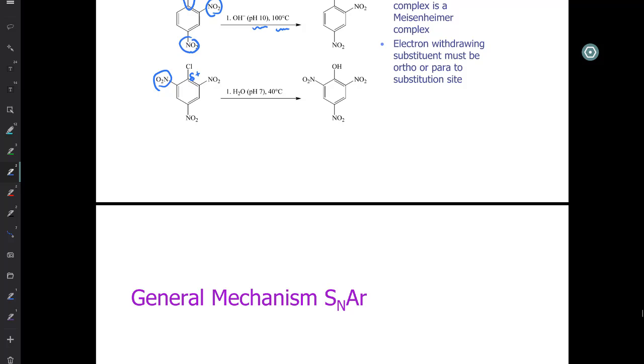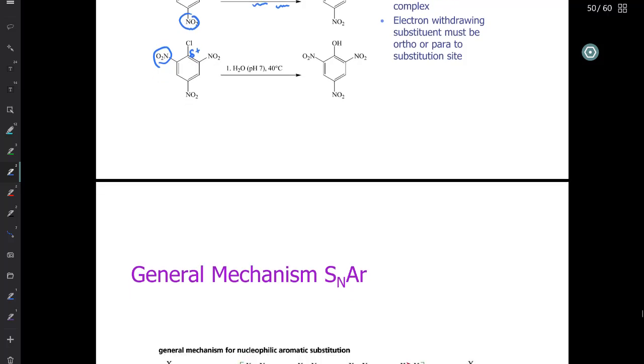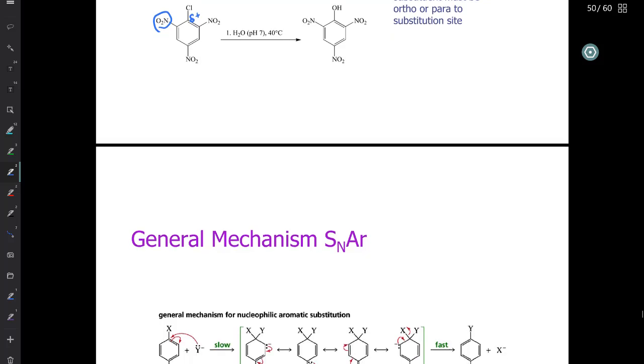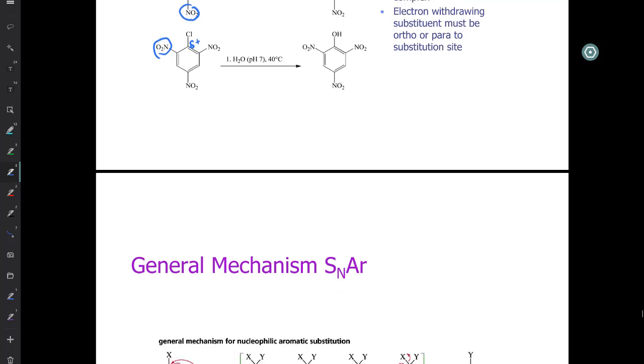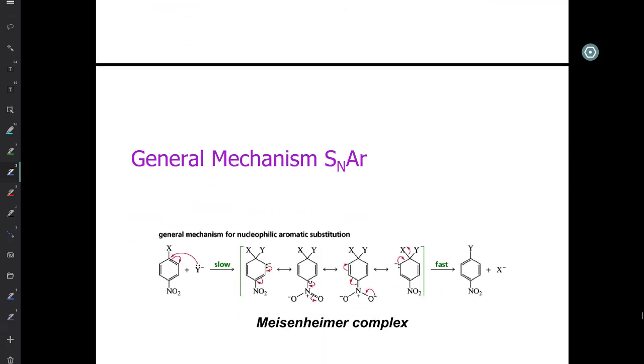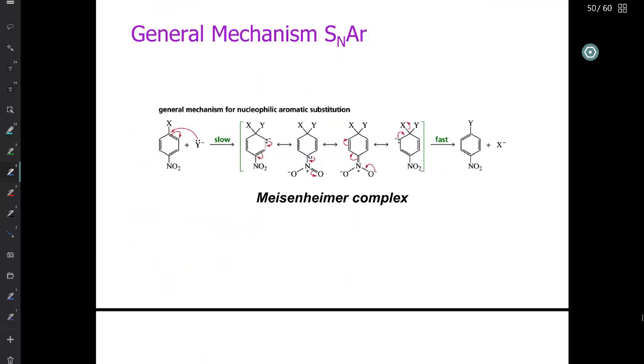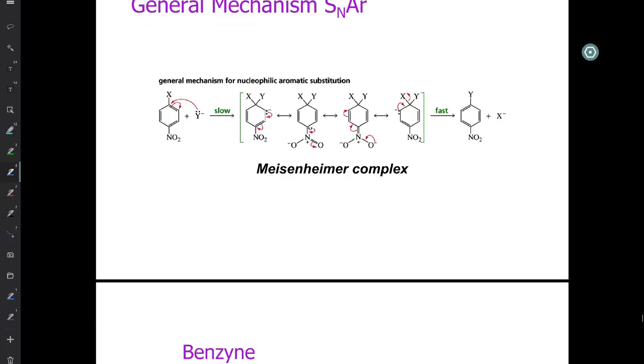All of those nitro groups are ortho or para to that leaving group. This reaction can be run at 40 degrees Celsius and at pH 7, so 7 orders of magnitude. So it's relatively easy to get this nucleophilic substitution reaction to occur when you have 3 strong electron withdrawing groups on it. Again, the mechanism is shown here.